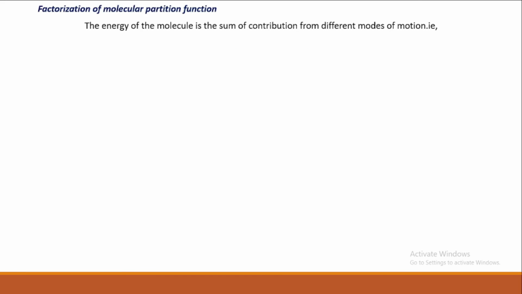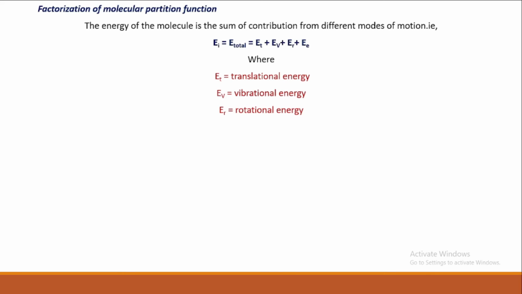Next is the factorization of the molecular partition function. The energy of the molecule is the sum of the contributions from different modes of motion. That is, E total is equal to translational plus vibrational plus rotational plus electronic energy, where Et is the translation energy, Ev is the vibration energy, Er is the rotational energy, and Ee is the electronic energy.